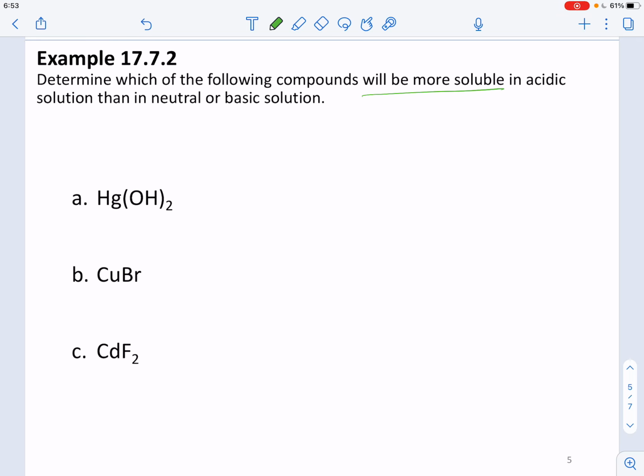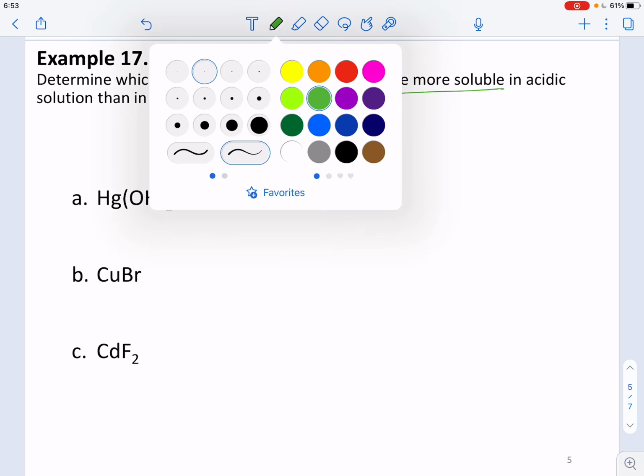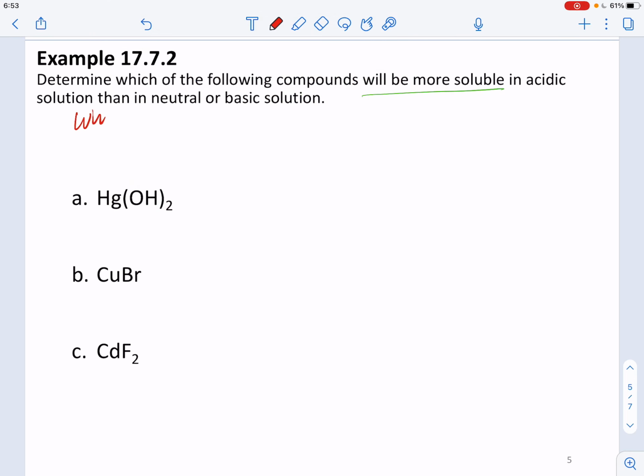Basically, the real question is, which one or which ones are more soluble in acid pH. Okay, that's what we are looking for here.